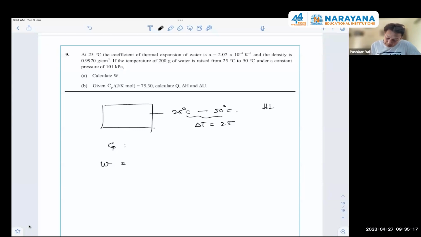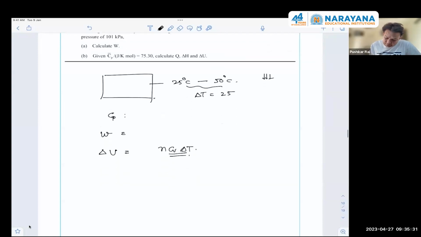So this is a special problem where you always write delta U is equal to nCv delta T. In this question, since Cp is given, Cp into dT is going to be delta H. Can you use this?